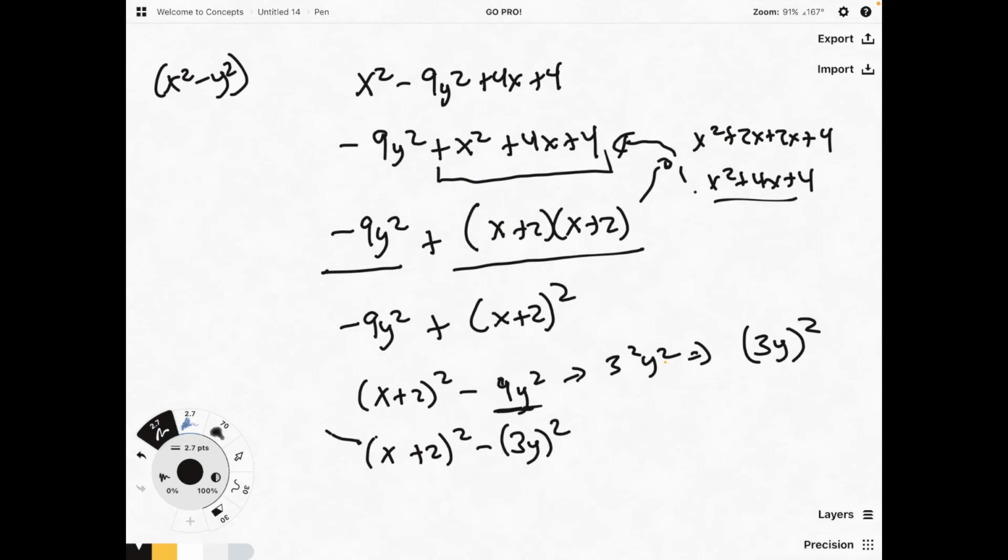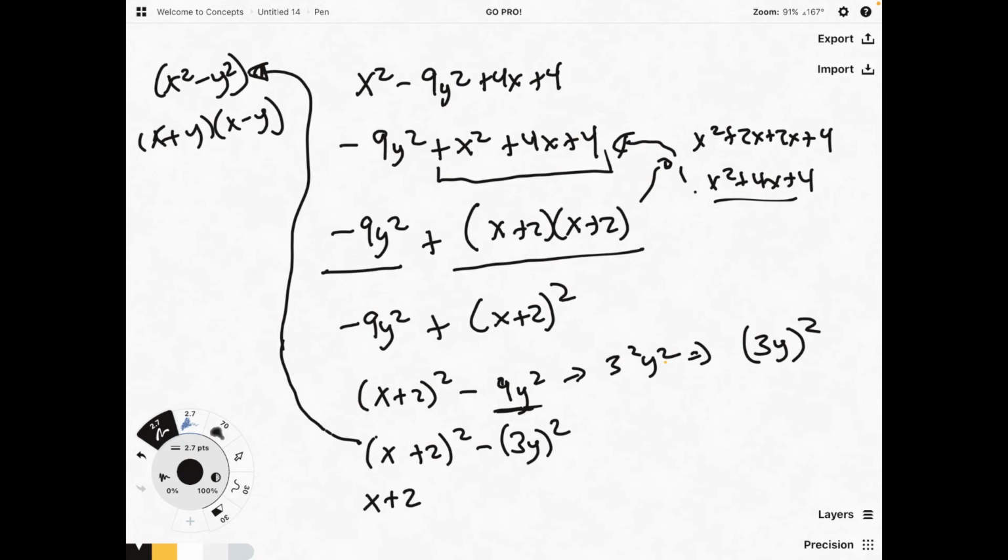In this form, we have seen this before, and we know this is x plus y multiplied by x minus y. So all we need to do is plug and chug. So with that, we have x plus 2, because we know that this is the value of x, and we know that this is the value of y. So that's all we're doing, is plugging it in.